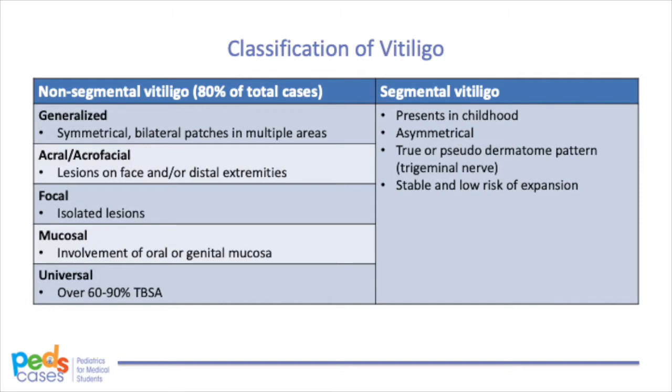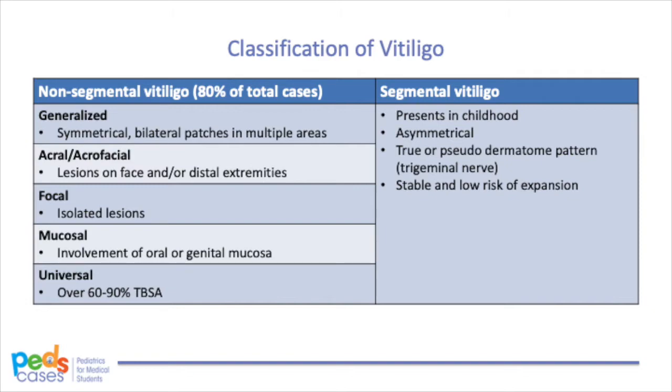Number 1. Generalized vitiligo involves symmetrical and bilateral depigmented patches of skin in multiple areas of the body. Onset is usually before age 30. Number 2. Acral or acrofacial vitiligo defines a pattern of lesions that are on the face or at distal extremities.